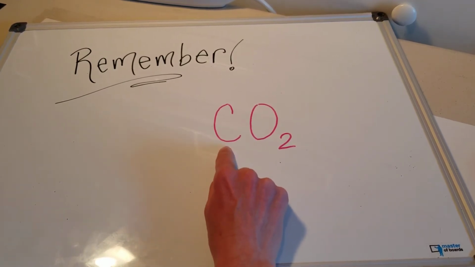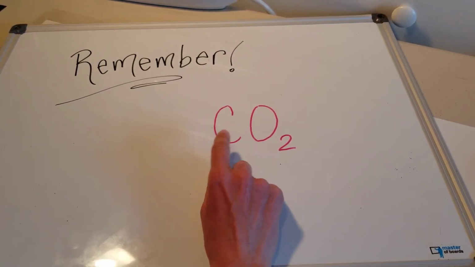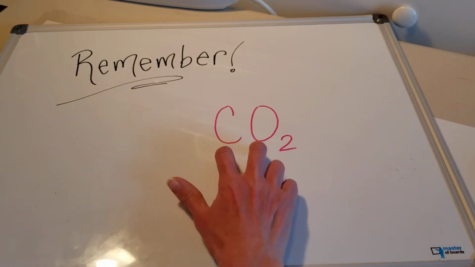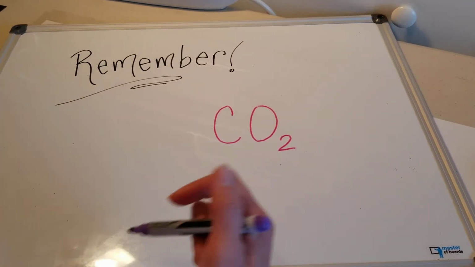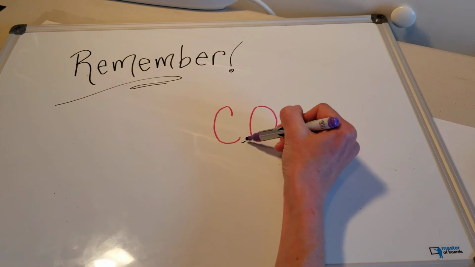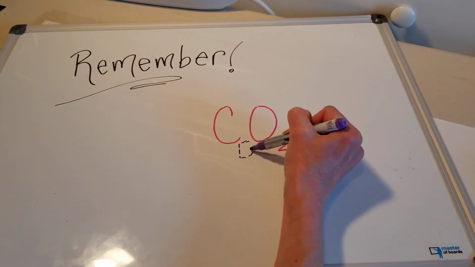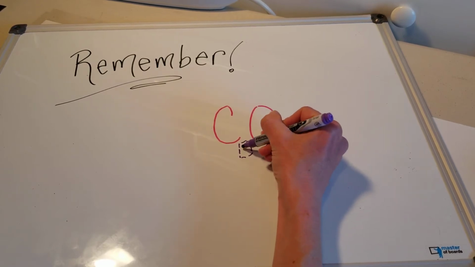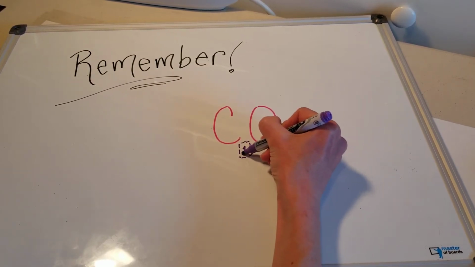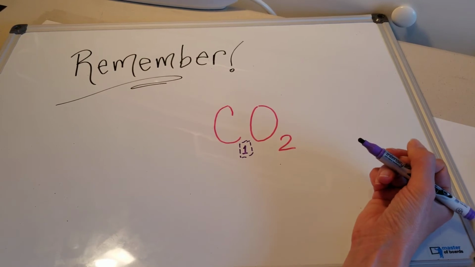Carbon is its own atom. Oxygen is its own atom. So we read them separately. For carbon, we do not have any number down below, which, like we said, lets us know that there's 1. Anytime the number is missing, we know there's 1.